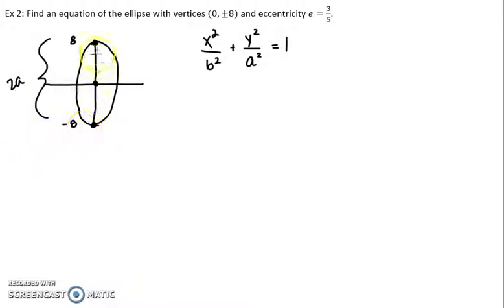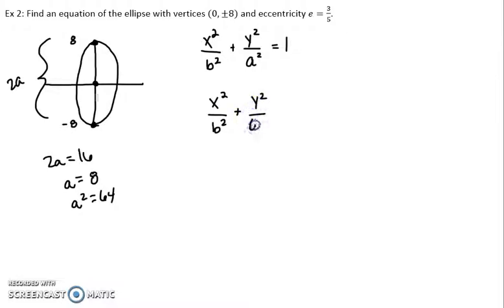So if we're thinking about this, the distance from negative 8 to positive 8 is 16, so 2a equals 16. We know a equals 8, which tells us a squared is 64. So we can go ahead and say that x squared over b squared plus y squared over 64 is going to equal 1. Now we just need to figure out b squared.